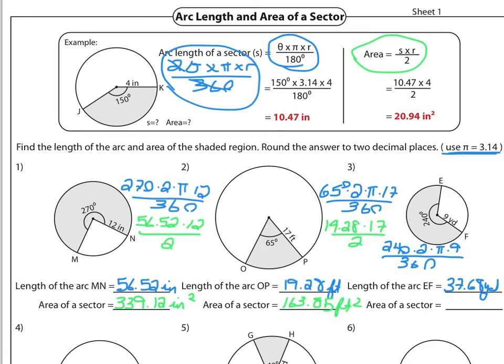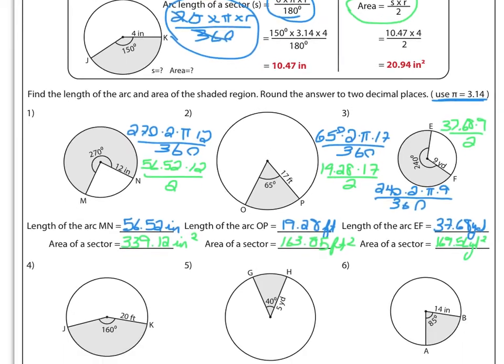Going to the next one, now we're going to find the area of the sector. So we're going to go 37.68 times 9 all over 2, and you end up with 169.56 yards squared.